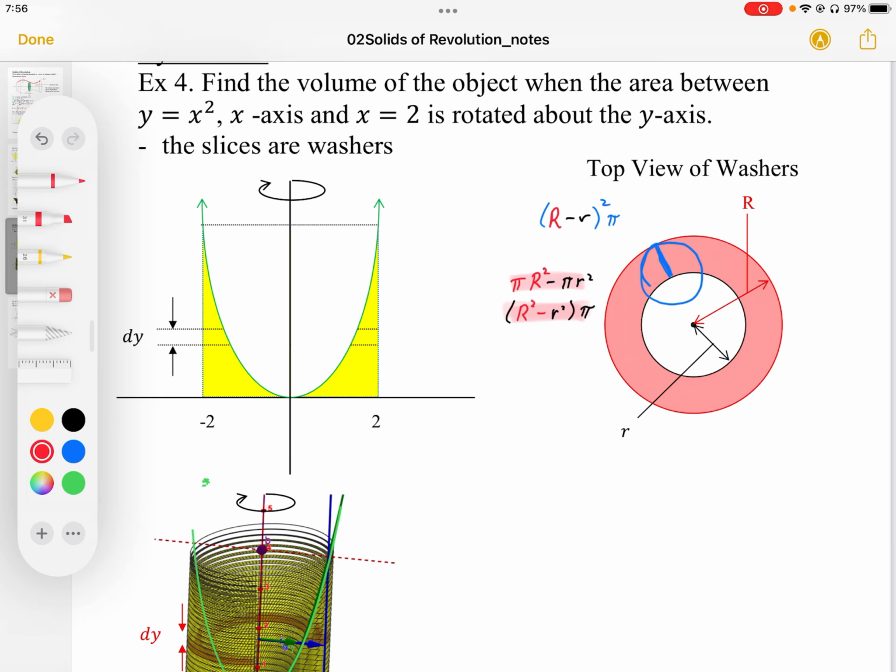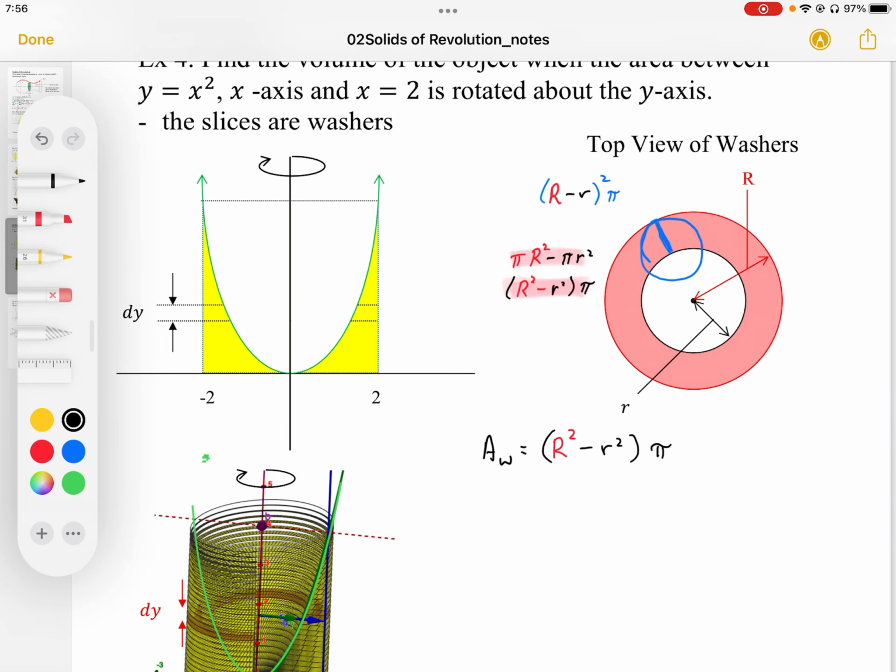So the area of our washer is going to be equal to our outside edge, the big R squared, and then we're going to subtract the inside edge, little r squared, and then we're going to multiply that by pi.